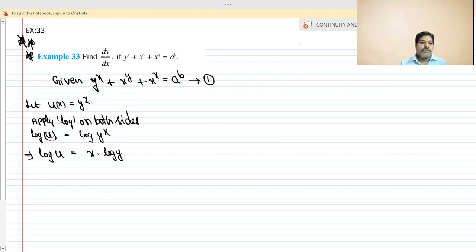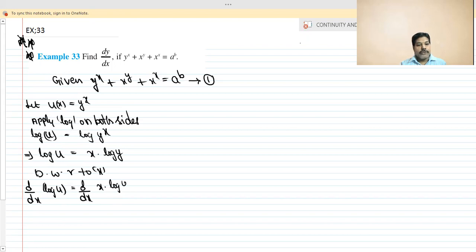Then differentiate with respect to x. The derivative of log u is equal to the derivative of x into log y. This is the UV formula.